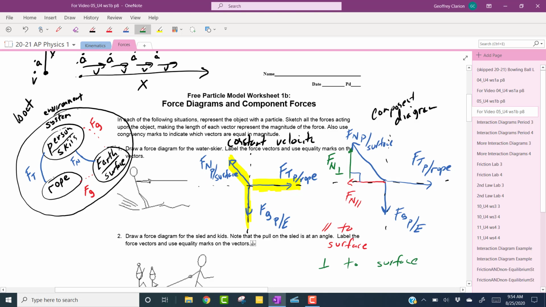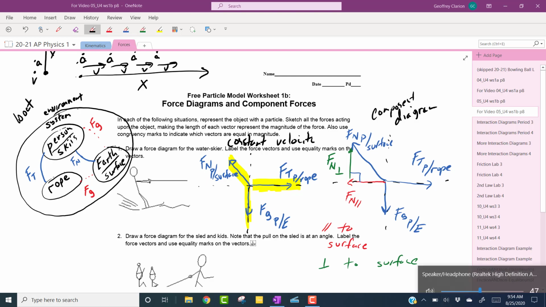So now what we've got to do is make sure to look at what forces are equivalent. Here we've got this normal force and this force of tension.